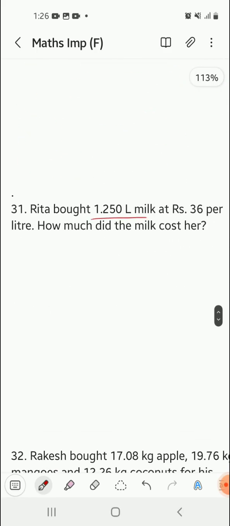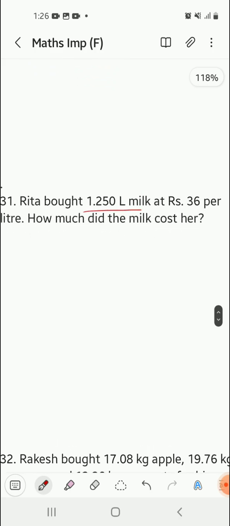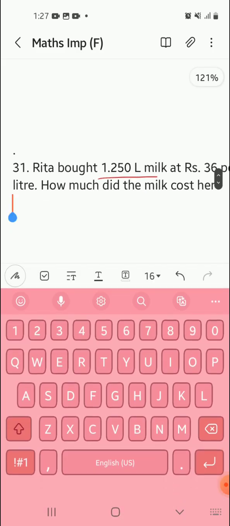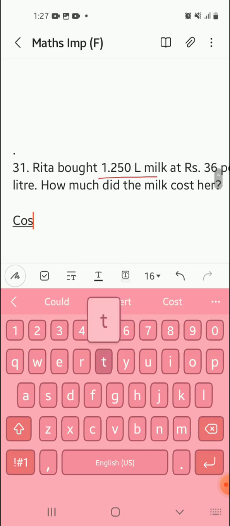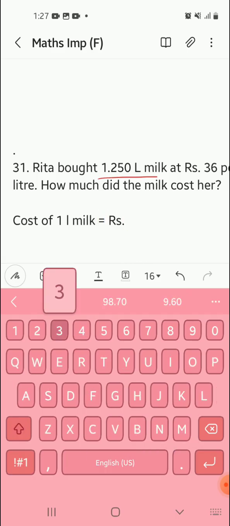Rita bought 1.250 liter milk at 36 rupees. So we have to find out how much did the milk cost her. So the per liter cost is 36 and she has bought 1.250, right? So we will write down cost of 1 liter milk is equal to rupees 36.